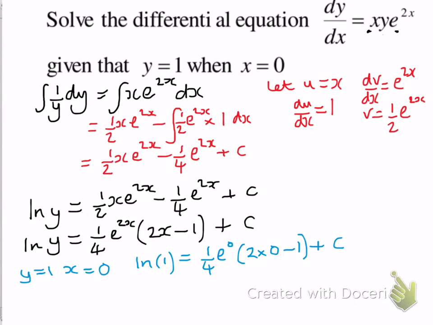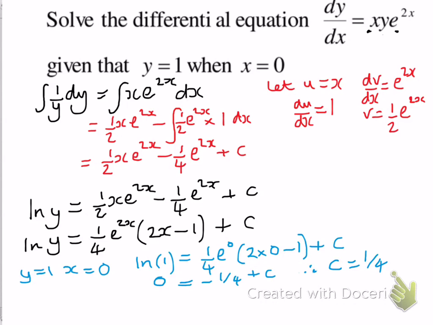And rearranging this therefore will make 0 equal minus a quarter plus c. Therefore c equals a quarter. So now I have my final solution.